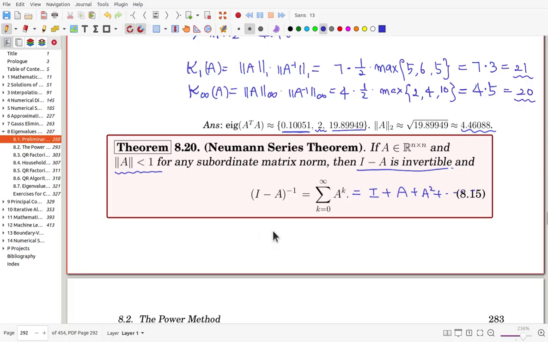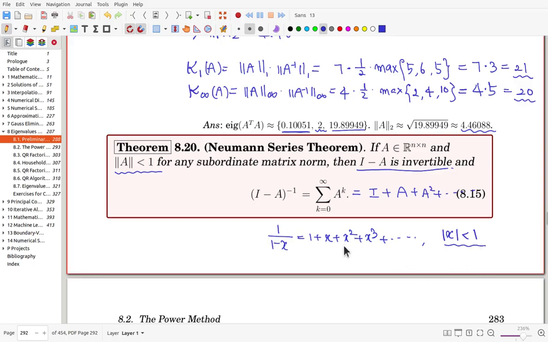This is mimicking the formula 1 over 1 minus x, which is the same as 1 plus x plus, by the Taylor series, x squared plus x cubed plus and so on. But this is only valid when the absolute value of x is strictly less than 1.